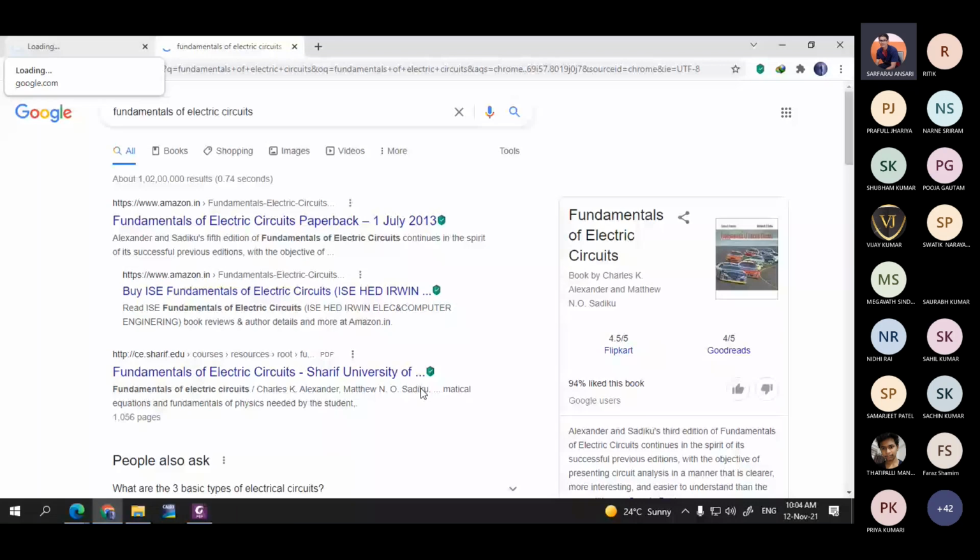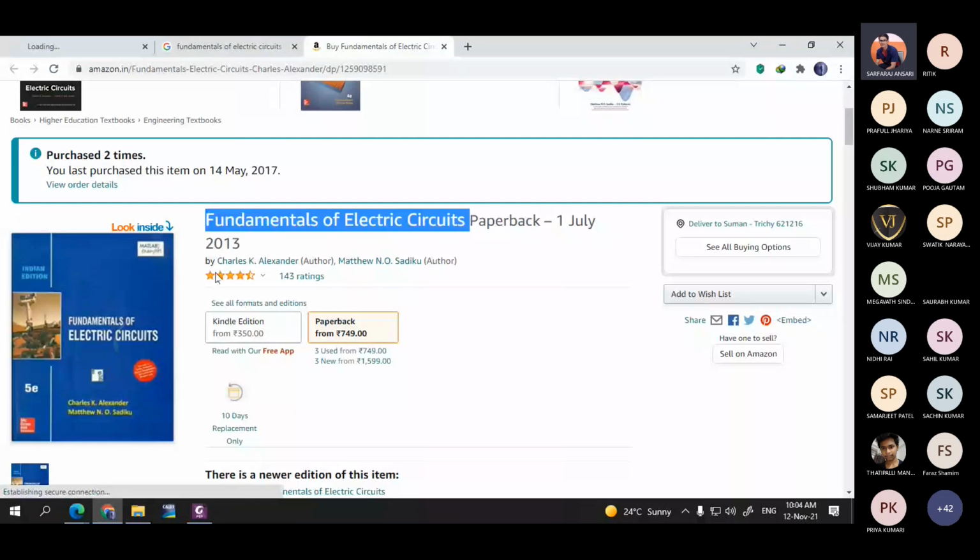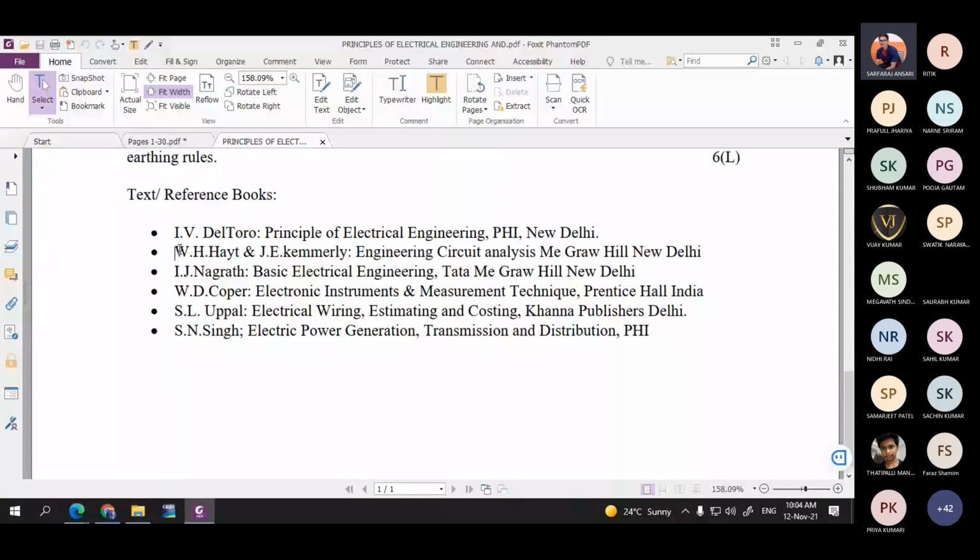This book, Fundamentals of Electric Circuits by Alexander and Sadiku, will have more standard problems, more number of problems. That second book is Hayt, William Hayt. This book will be more conceptual.